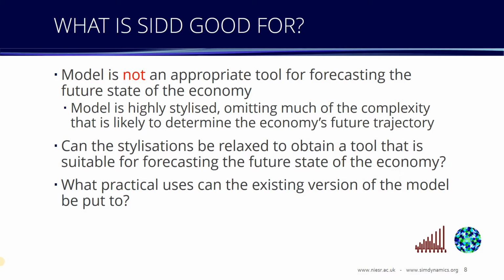Now, the reason that the model on this website is not an appropriate tool for forecasting the future state of the economy is that it is highly stylized. It omits all sorts of complexity that is likely to determine the economy's future trajectory, and it therefore cannot comment on the bearing that this sort of complexity might have going forward.